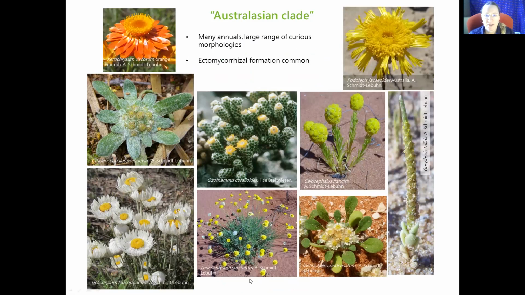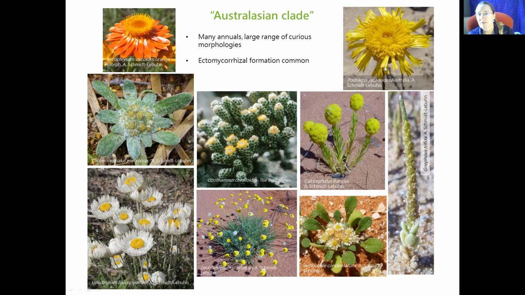And many of them are annual, and ectomycorrhizal formation is common in many of these species. And you can try to illustrate here some of the large range of the curious morphologies that they explore.